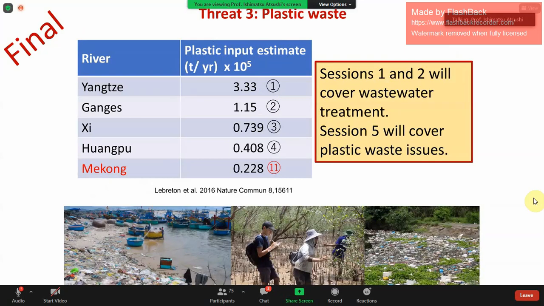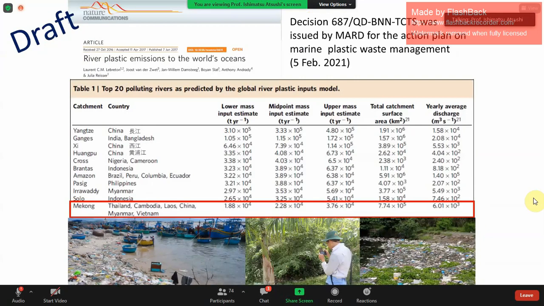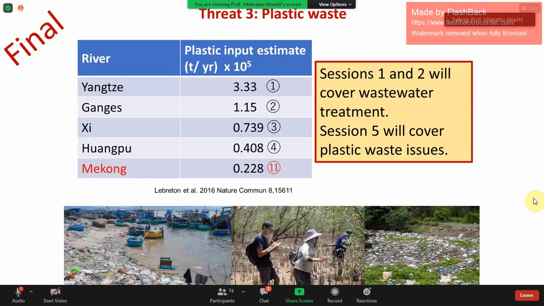So modifying, I must say, modifying tables is relatively simple. You just type in, but modifying the figures is a lot more time consuming, I must say.